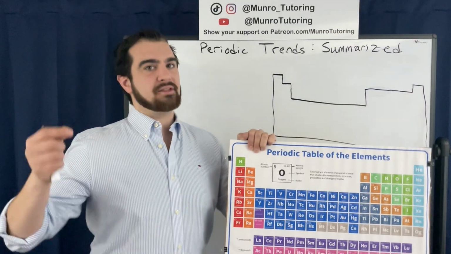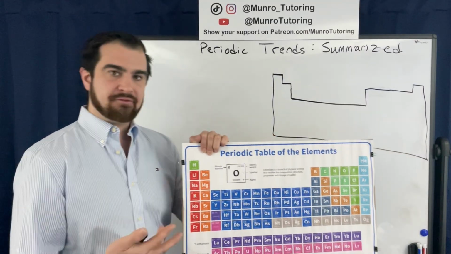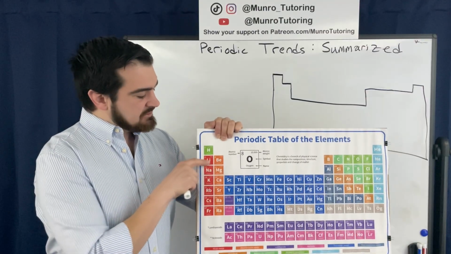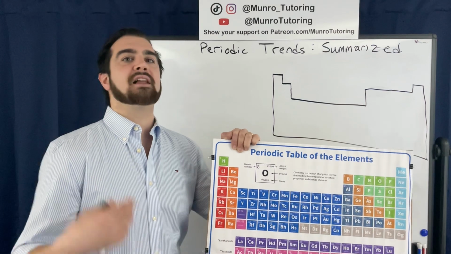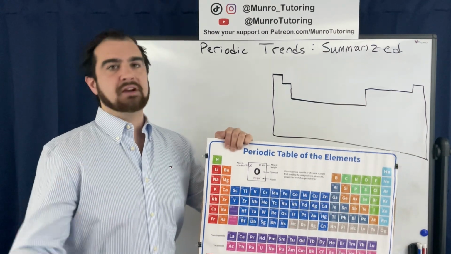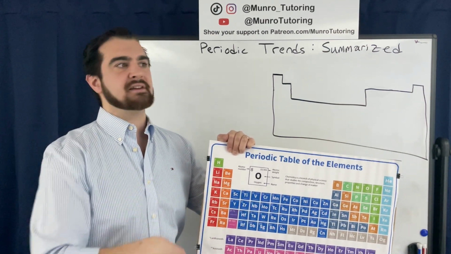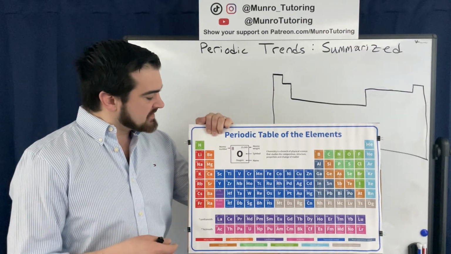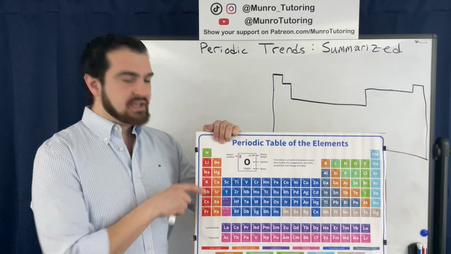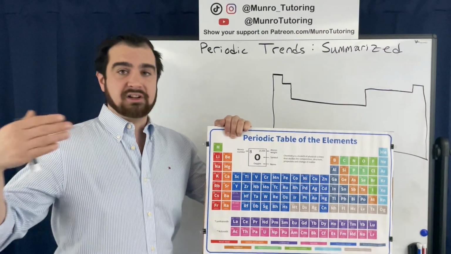But now, why are they getting larger? To be more specific, it's because each period number corresponds to a principal energy level of electrons, or an electron shell. I have a video on atomic orbitals where I talk about this. Also, electron configurations kind of talks about this as well. So as we go down, each period is adding a new electron shell.